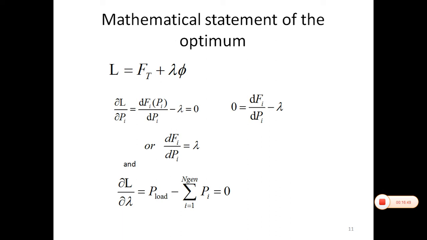This will be equal to dfi by dpi minus lambda equals 0, or we can say that your incremental fuel cost function is equal to lambda, which we have discussed earlier. If our solution is that we have to take the values of our independent variables between upper and lower limits, then our solution will be incremental fuel cost equals lambda. And partial Lagrange by partial lambda will be equal to P load minus summation pi equals 0.